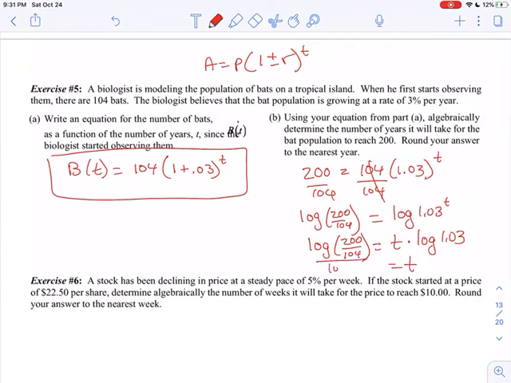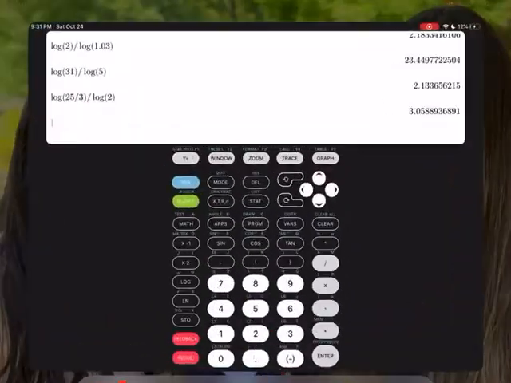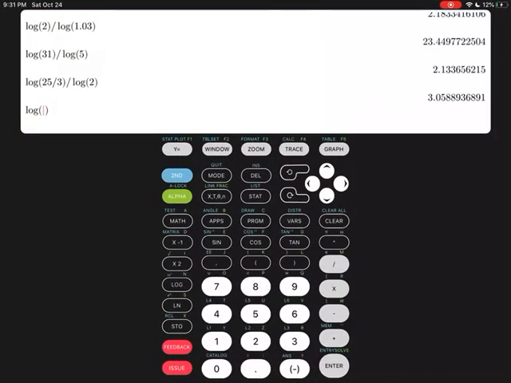Let me just write this on the other side. So it's t times log of 1.03. And to solve for t, I'm just going to divide by log of 1.03.